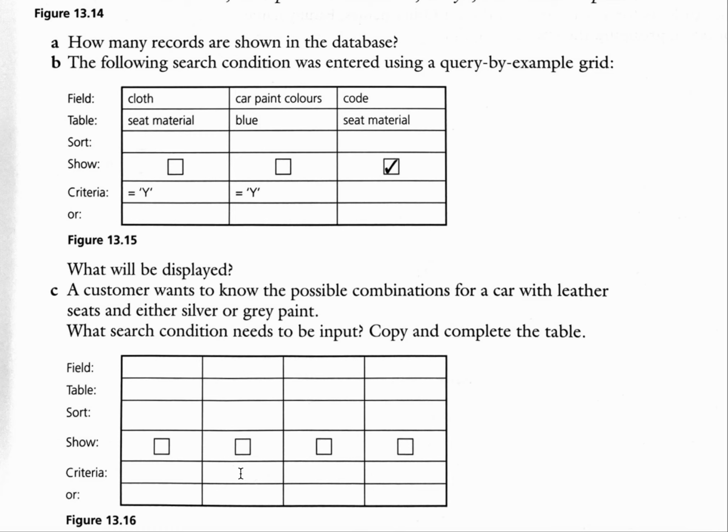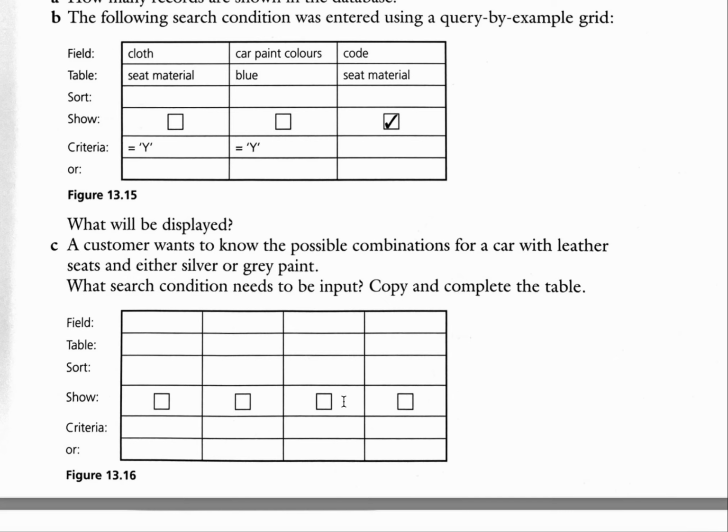And then we would have criteria yes, yes. It doesn't ask specifically for code, but I would add code seat material in the checkbox here, just because it will give the person specific information.